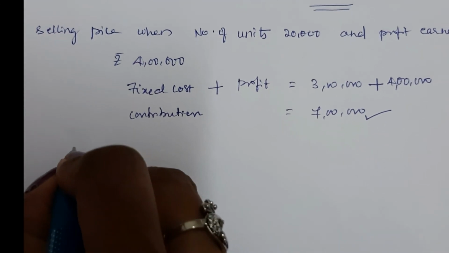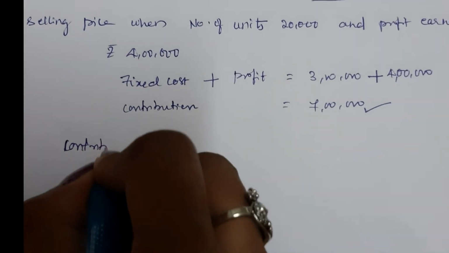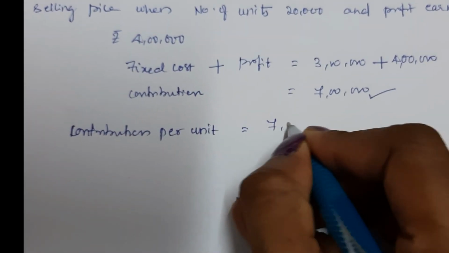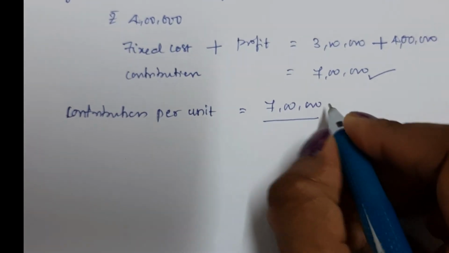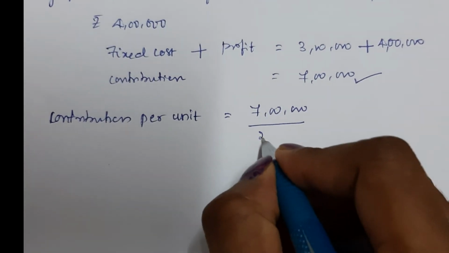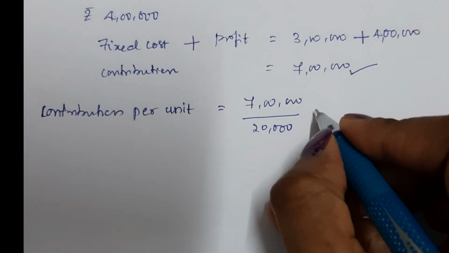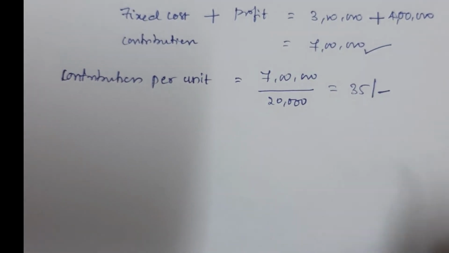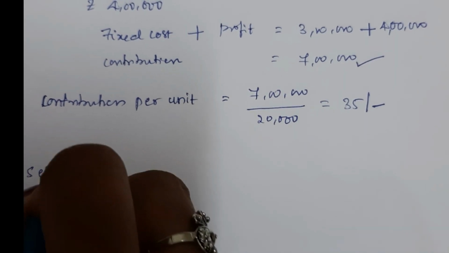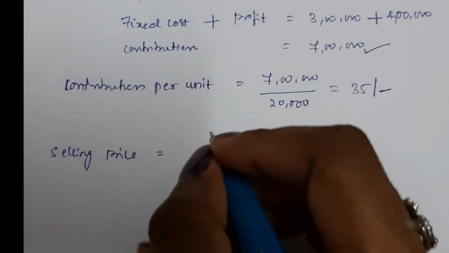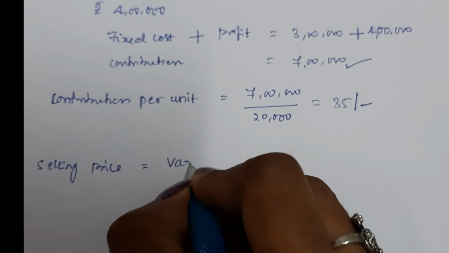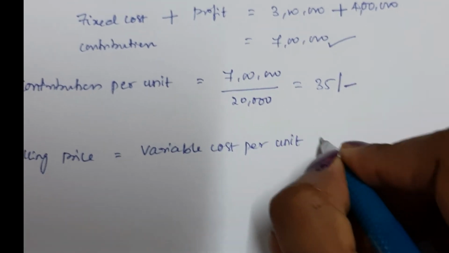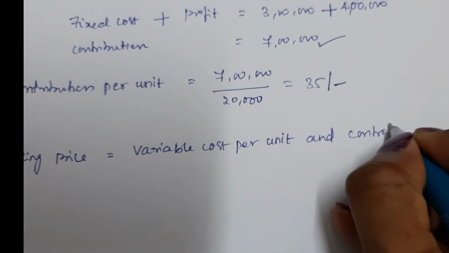Now we will calculate contribution per unit. We need to get a contribution of 7 lakhs divided by 20,000 units, as we will be proposing to sell 20,000 units, so this will become 35 rupees. Now we have to fix the selling price. Selling price is equal to variable cost per unit and contribution per unit.